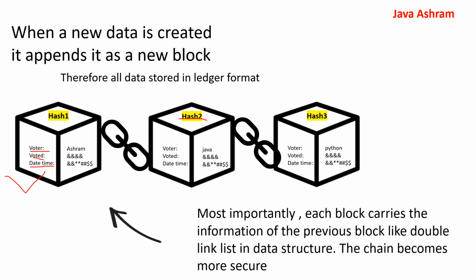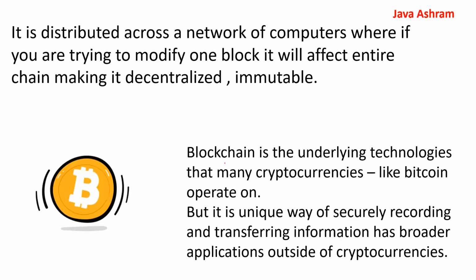It is getting stored distributed across the network and different machines. So it's next to impossible for anyone to manipulate the data. Wherever you try to modify one block, it will affect the entire chain, making it decentralized and immutable.